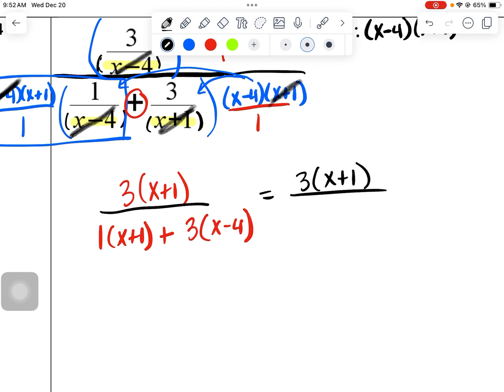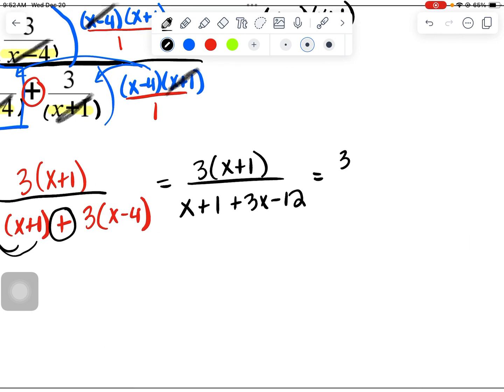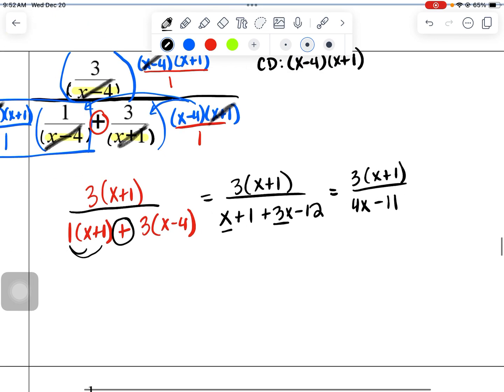And then the bottom, I'm going to multiply it out so that I can combine like terms since I have a plus sign. So distributing here, 1x plus 1. Distributing a positive 3, it would be plus 3x minus 12. Combining like terms in the denominator would be 4x minus 11.